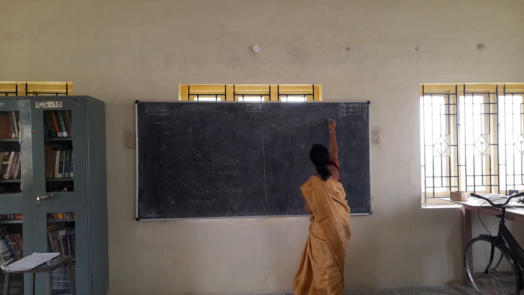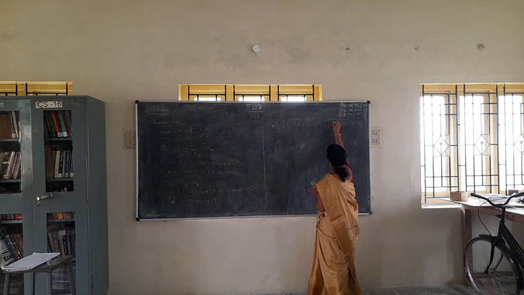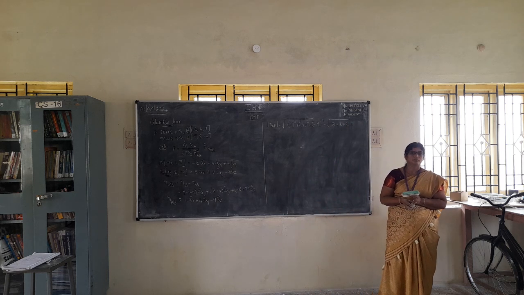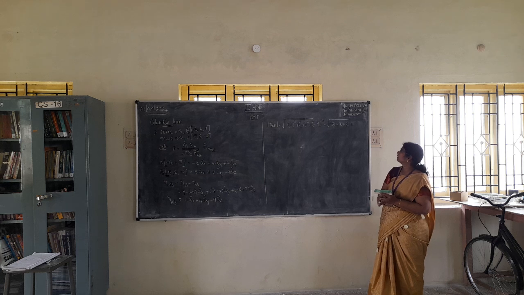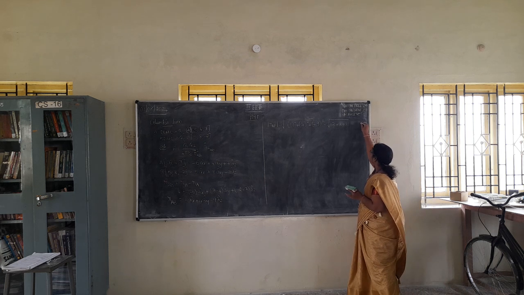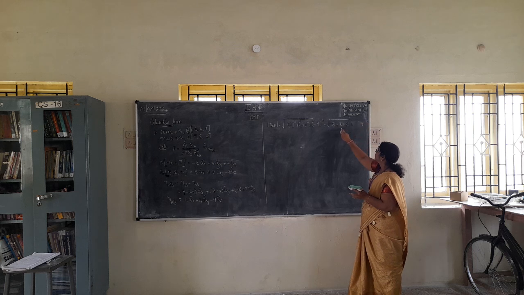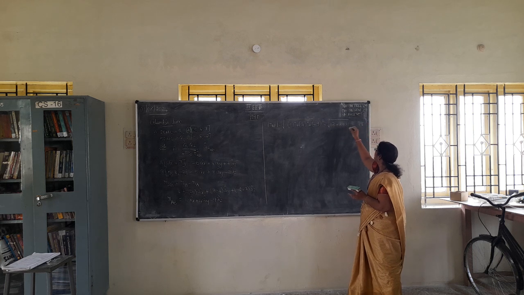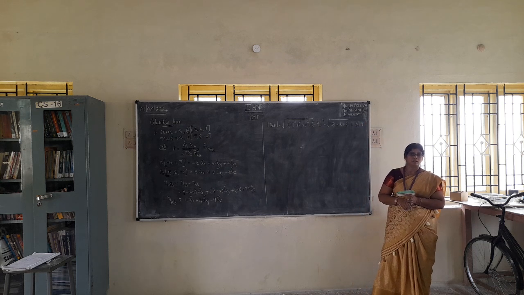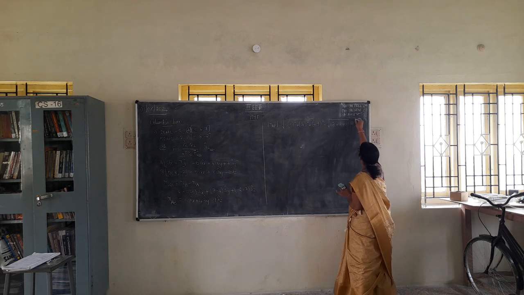So it is root of 121 plus 16 plus 81, which is 218. So the modulus of RAB is root of 218.